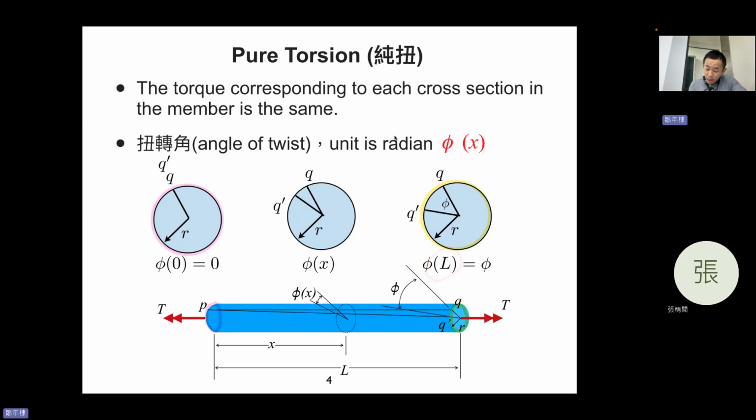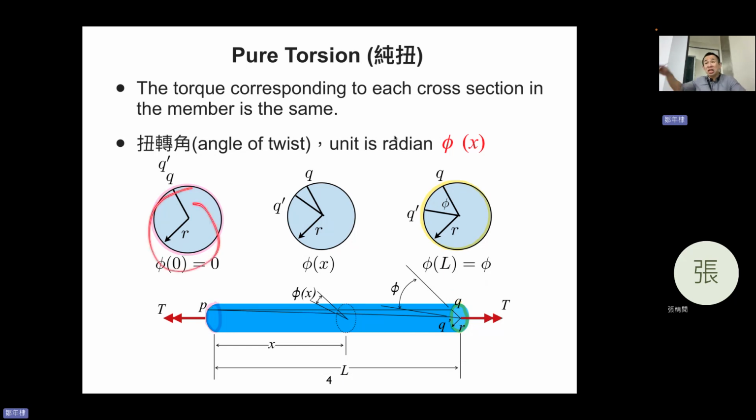Okay, phi of L. And then I'm going to write down here phi of 0 is 0, because you can imagine that if you rotate here, actually nothing happens here because they are fixed.